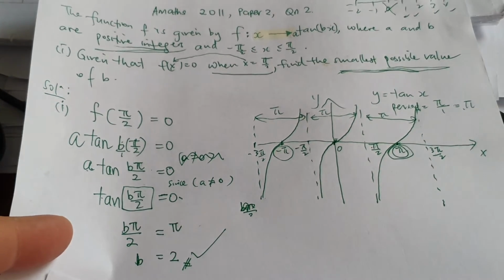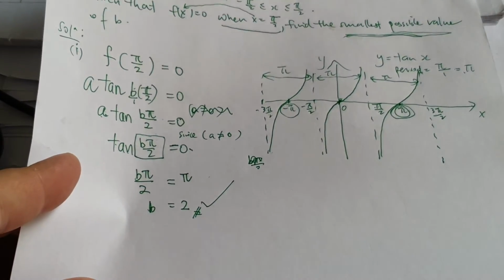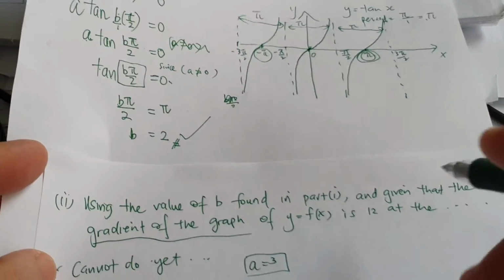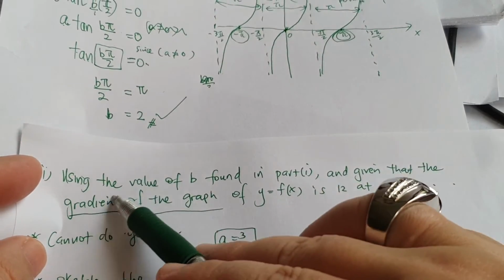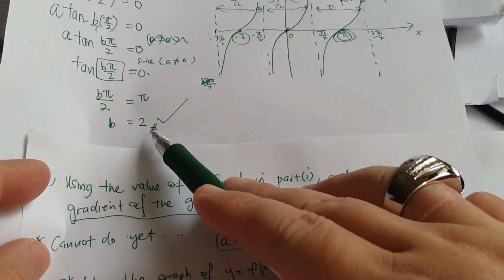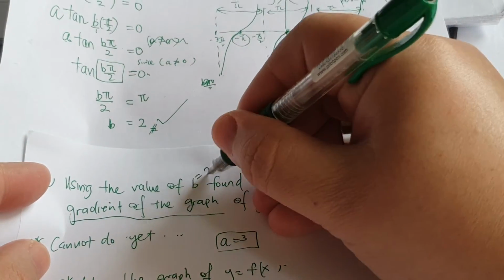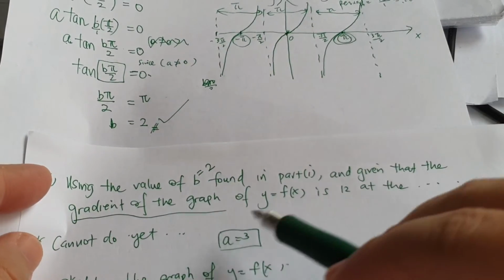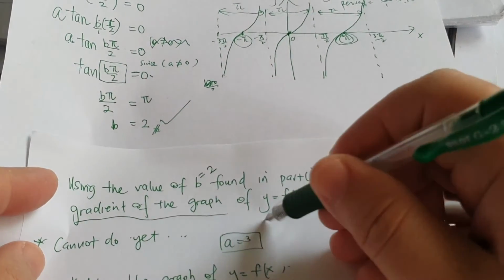Okay, now for this particular question, if you refer to your TYS, it says here, using the b found in part 1, which is equal to 2, and given the gradient of this, they want you to find a.